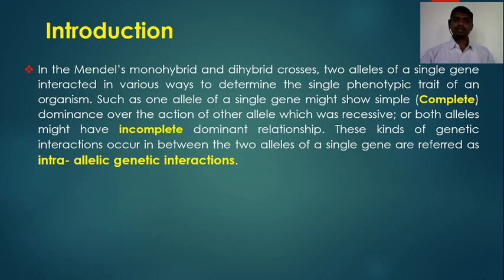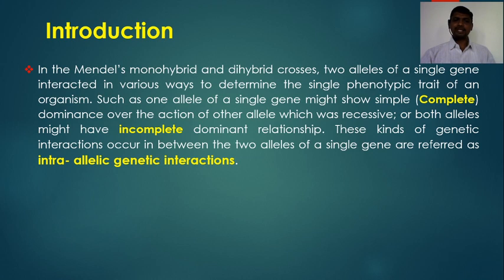These kinds of genetic interactions, which occur between the two alleles of a single gene located on the same chromosome, are referred to as intra-allelic genetic interactions. In these, the two alleles of a single gene interact with each other and show a complete or incomplete dominant relationship.